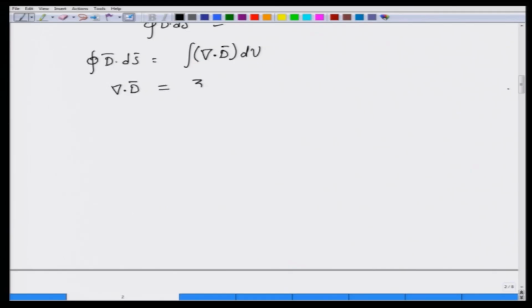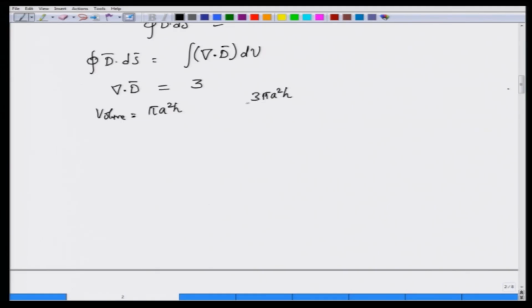Now, if you multiply this by the volume of the cylindrical element that we have considered, the volume will be πa²h.